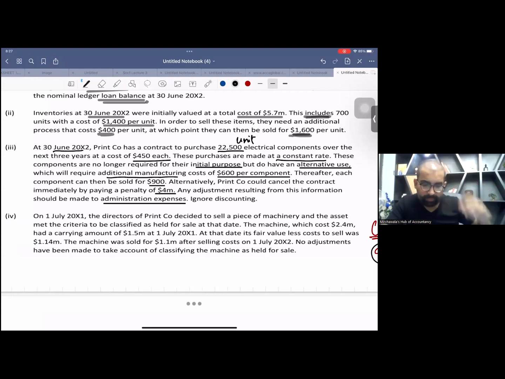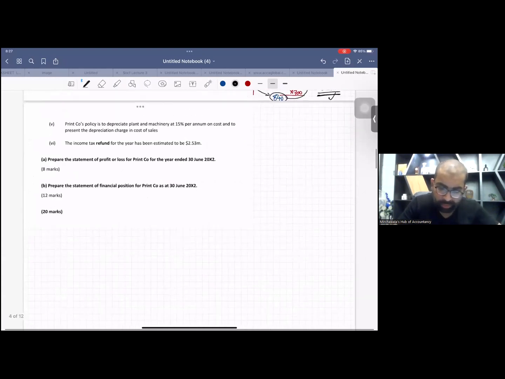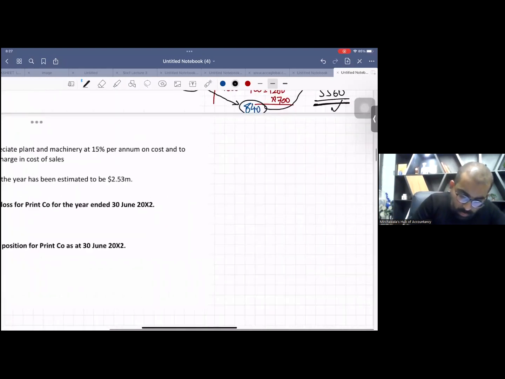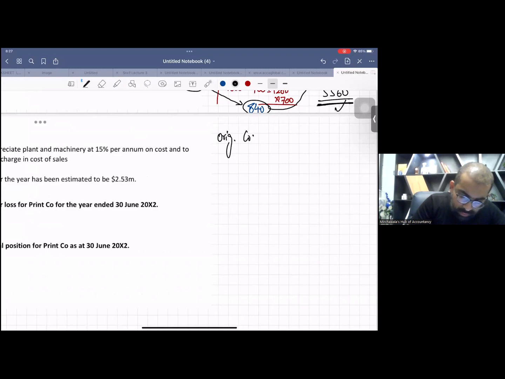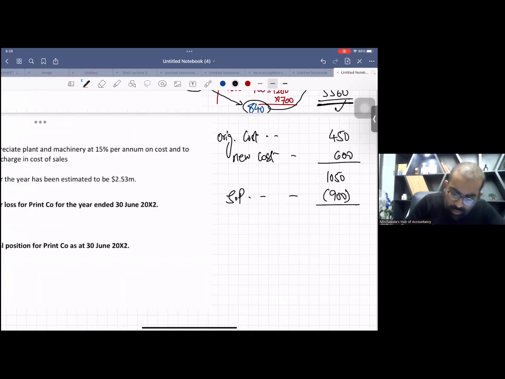Now, listen. Not difficult at all. Original cost is 450, new cost is 600, so now the per unit cost is 1050. But your selling price is only 900, so you are expecting a loss per unit of 150.